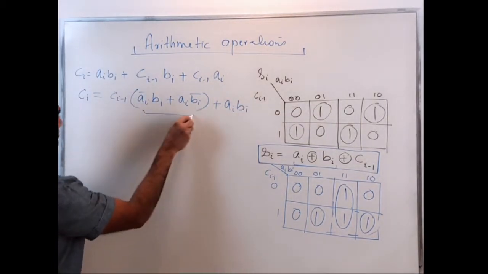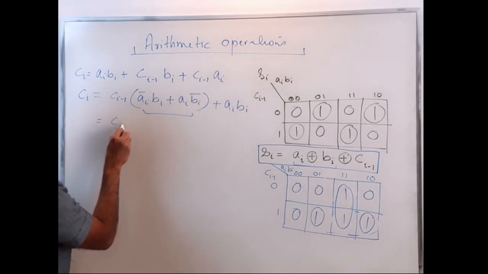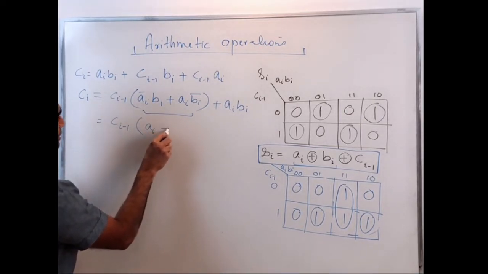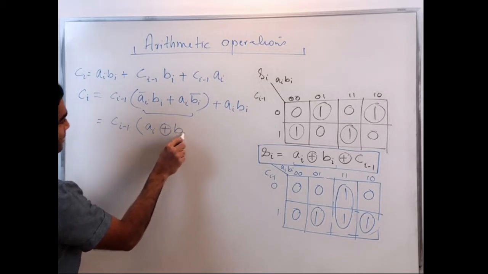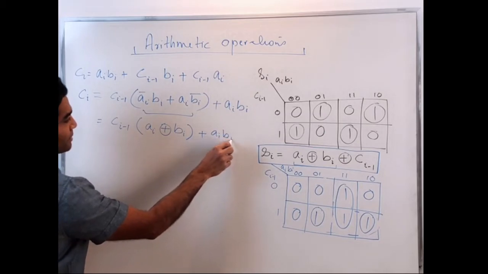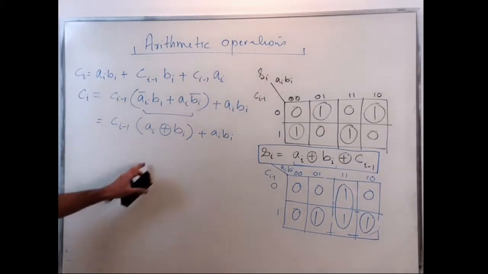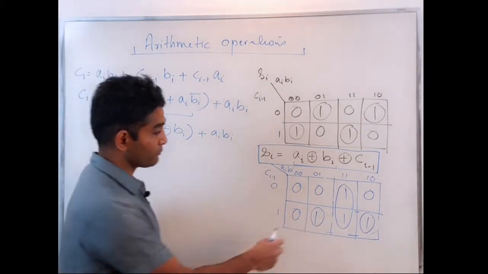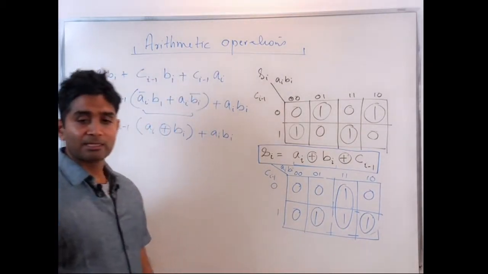What I'm getting is Ci minus 1 times Ai exclusive-OR Bi, plus Bi. So why did I do this? Again, these are not my prime implicants here, because obviously these two cells are adjacent and I did not combine them.